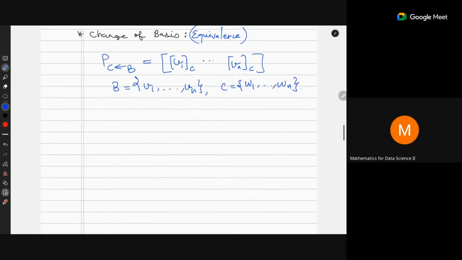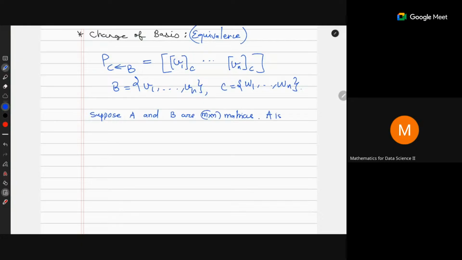So, change of basis or equivalent matrices. Let me first recall the definition of two equivalent matrices. Let A and B be M cross N matrices.